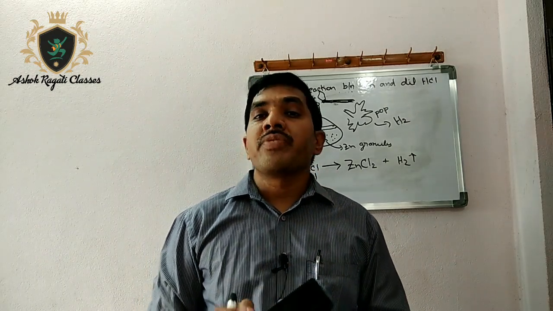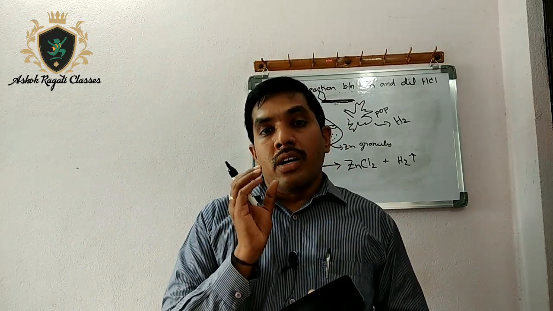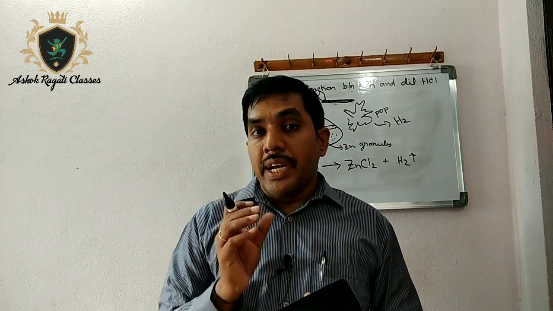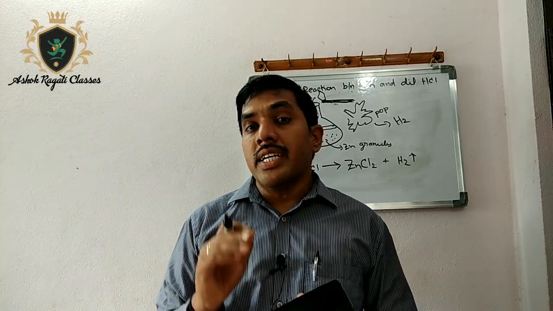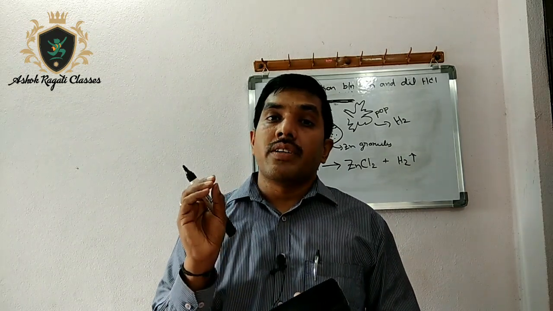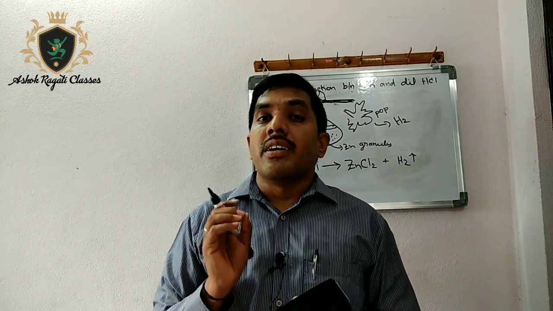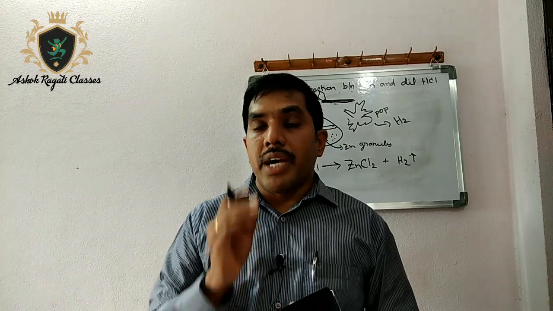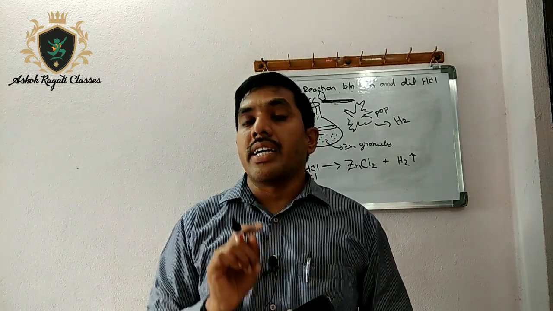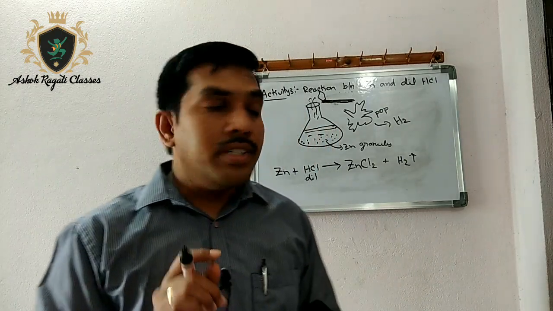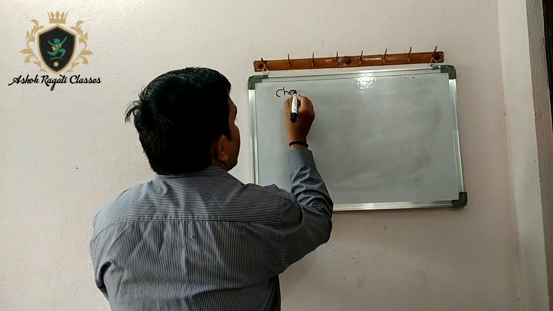New substances are formed, temperature is liberated or taken, formation of precipitation, and last one is evolution of gas. By observing these four factors, we can say that the change is a chemical change. Okay, understood?